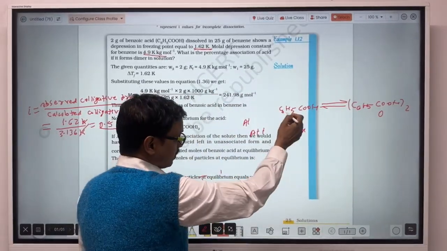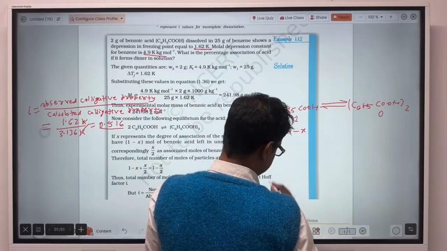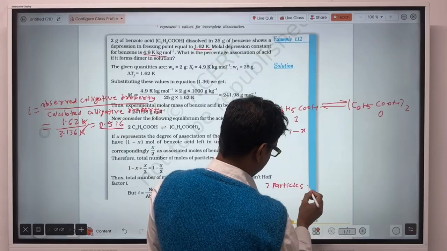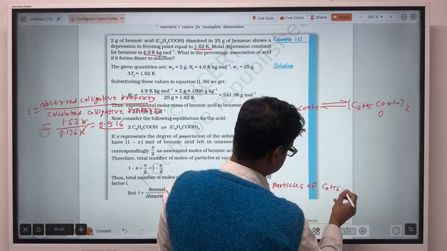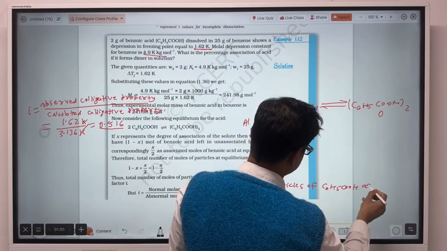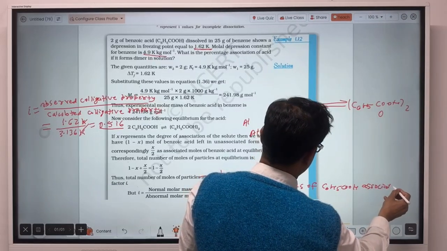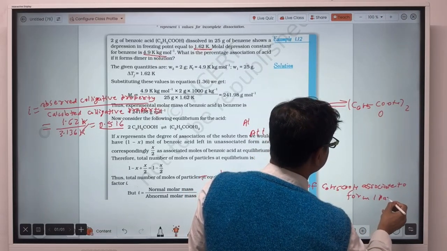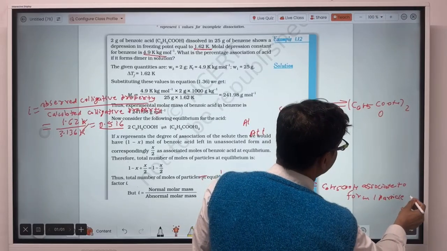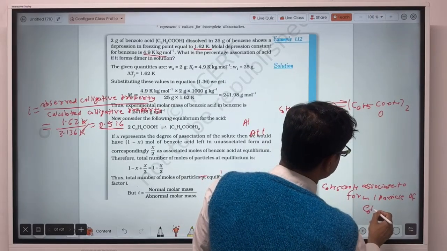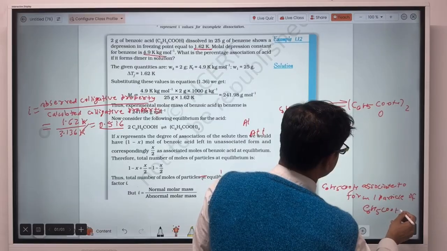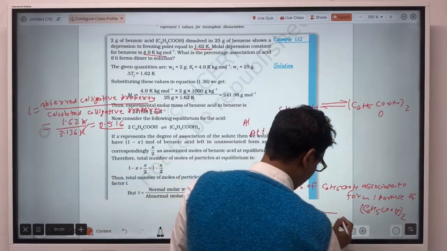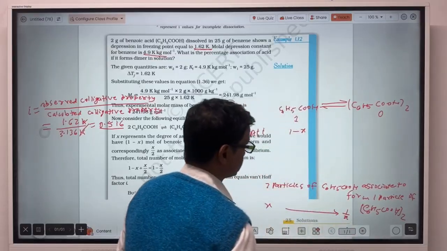Now watch out here: 2 particles of benzoic acid associate to form 1 particle of its dimer, (C6H5COOH) whole twice. 2 particles form 1 particle, so X particles will form X by 2.